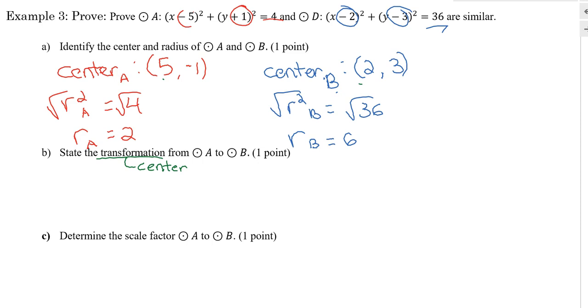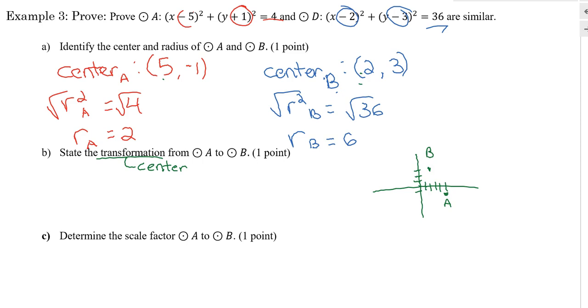The hardest part is recognizing what direction you're going. So for these problems, I'll usually just draw a quick graph. I'm starting at 5, negative 1, and I want to get over to 2, up 1, 2, 3. And this is B.